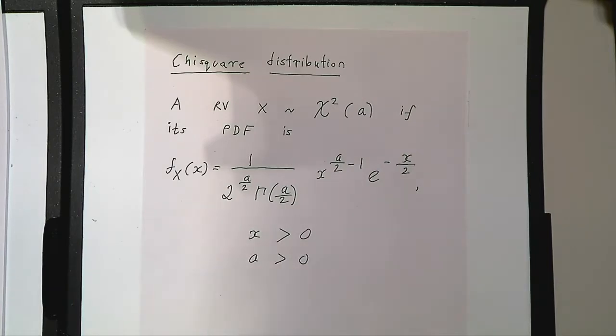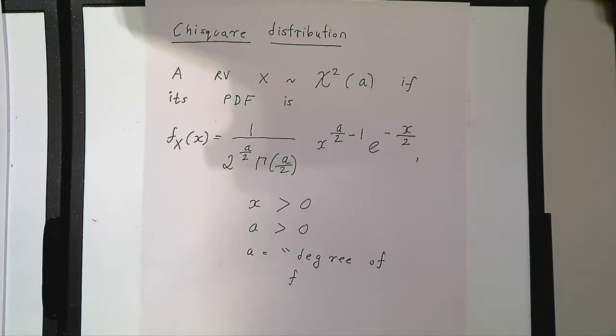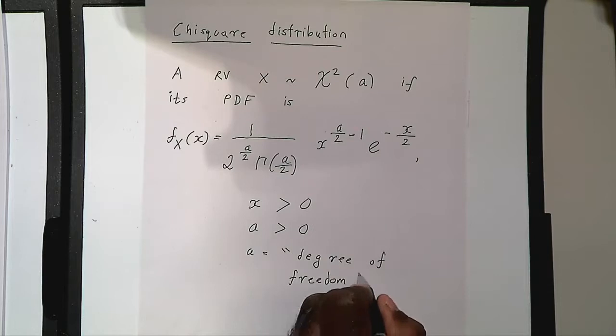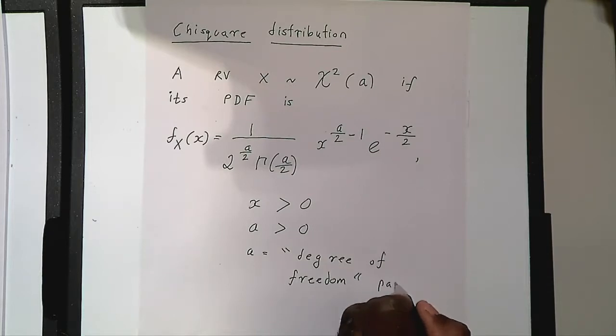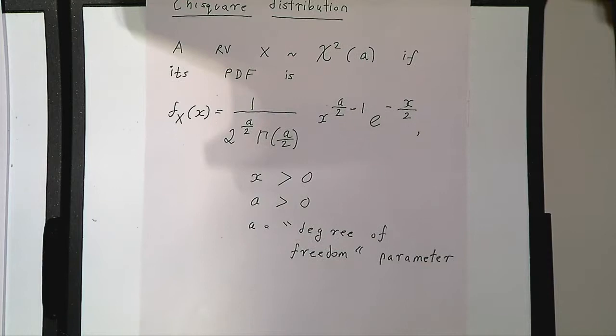So a is the only parameter and is positive, and a is referred to as the degree of freedom parameter, okay?